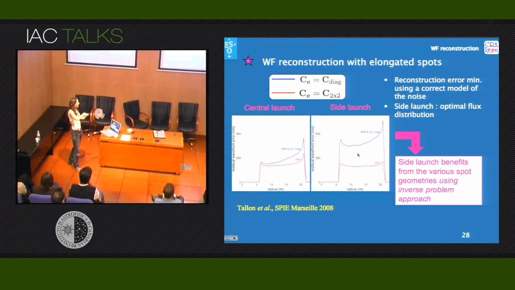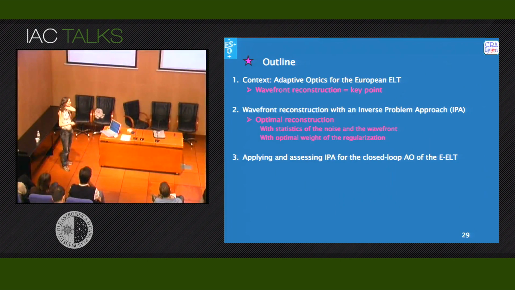So now I will talk about closed-loop full simulations and theoretical aspects of adaptive optics. First, the problem with the European ELT adaptive optics system is the way you compute the commands.